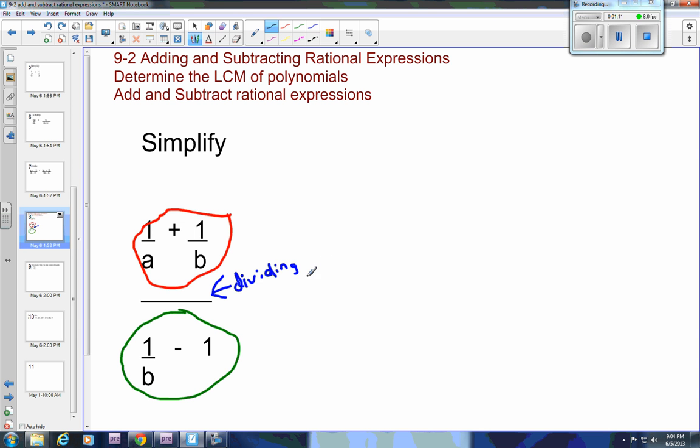So let's make this in a simpler form. So I'll put my big division line back here. This top part, you need to get a common denominator. So you have an A here, and you have a B here. So the common denominator is AB.